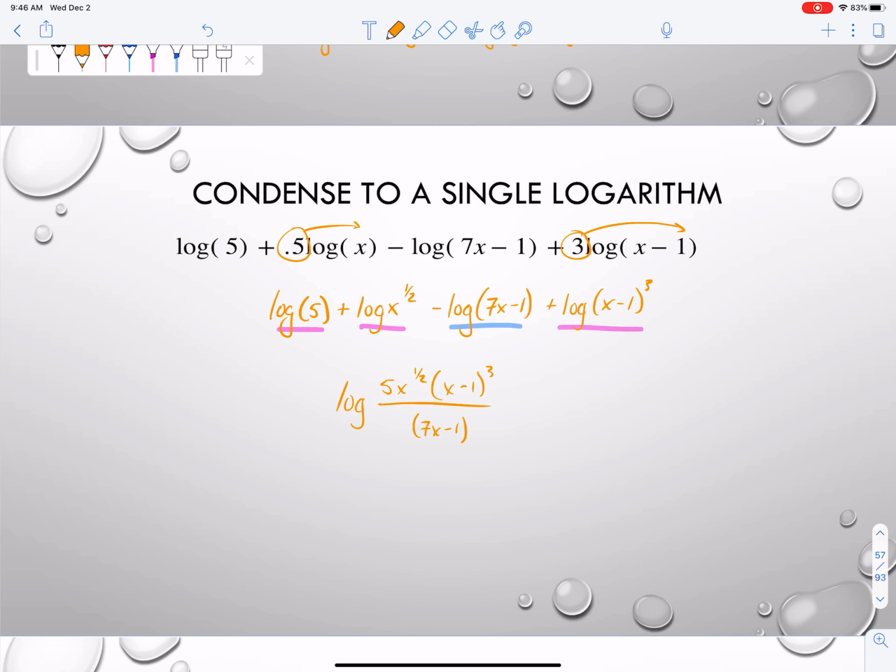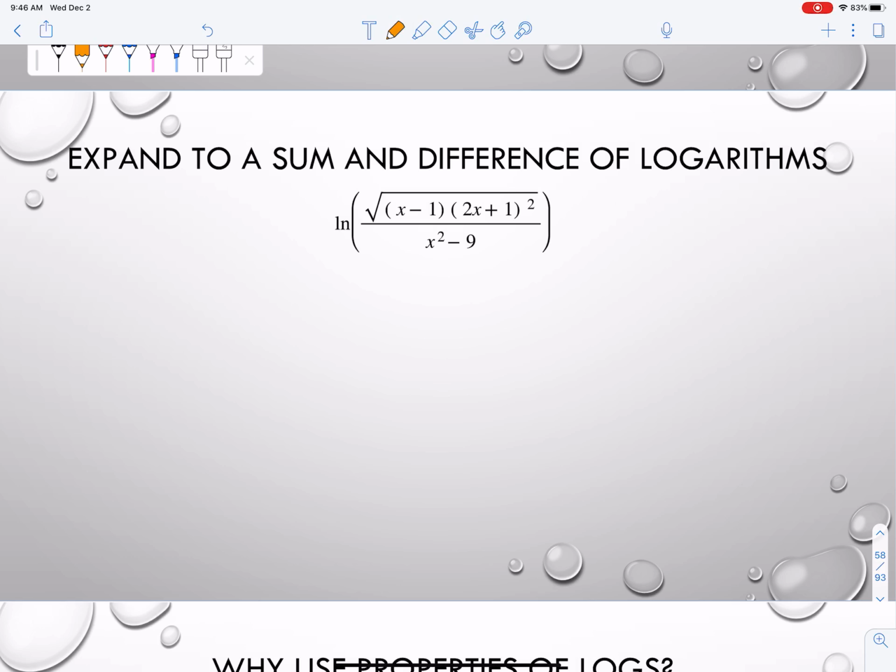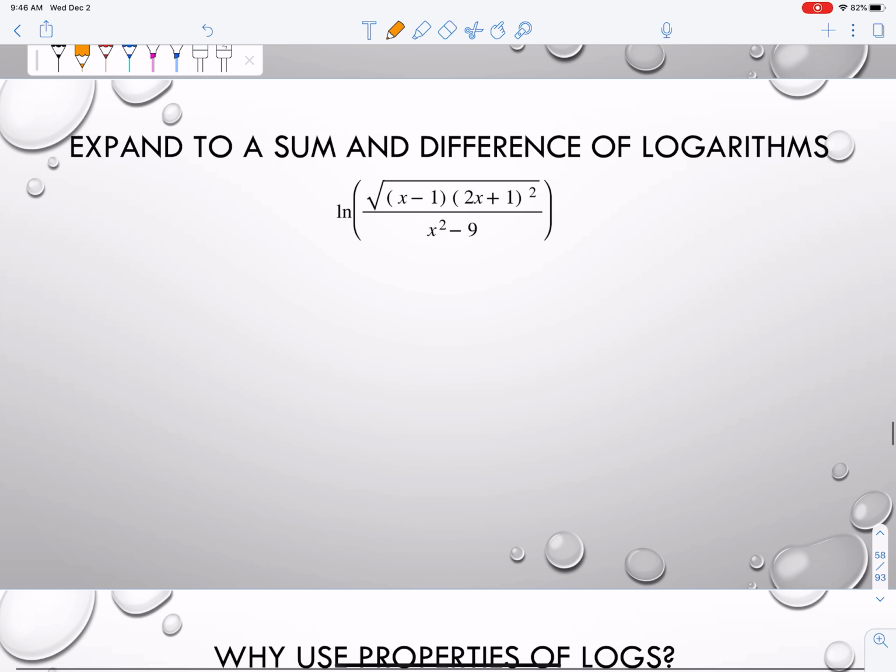All right, expanding, again, in this case, a messy condensed log. So I'll do this in a couple of steps. Again, anything in the numerator is going to be positive, and denominators are going to be negative. So here we would end up with natural log of, and I'm going to rewrite this as x minus 1 times 2x plus 2 squared, all to the 1/2.